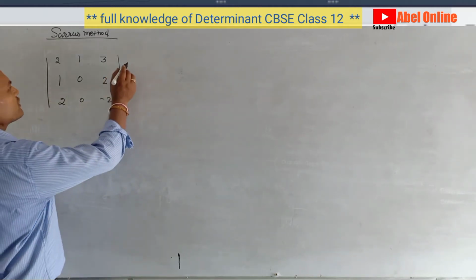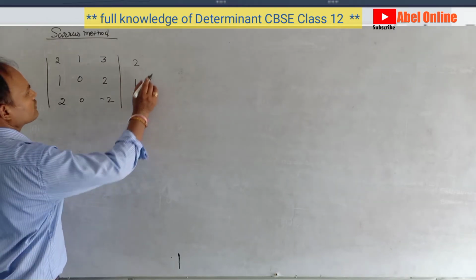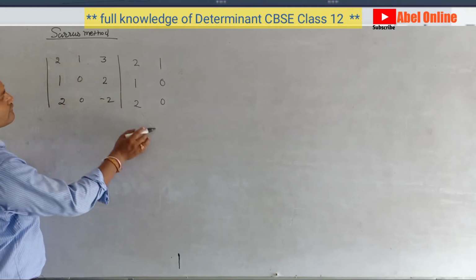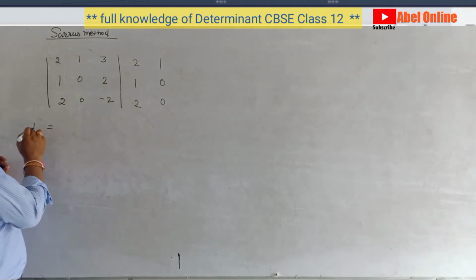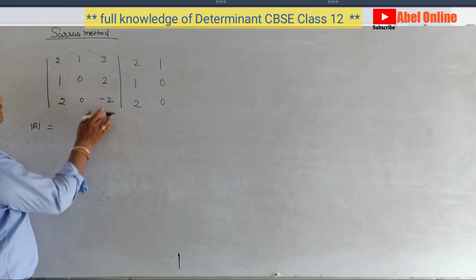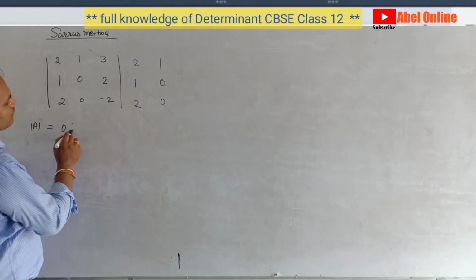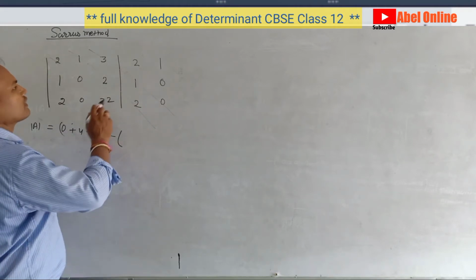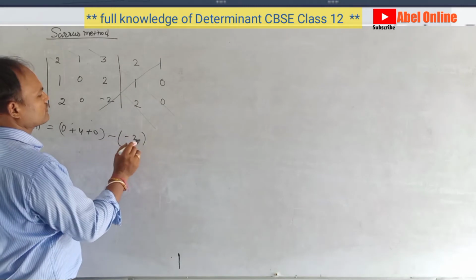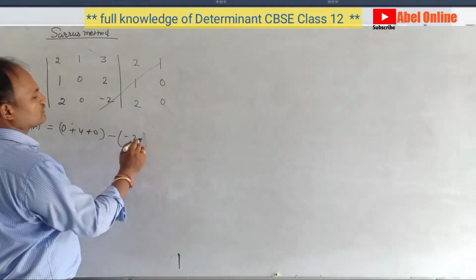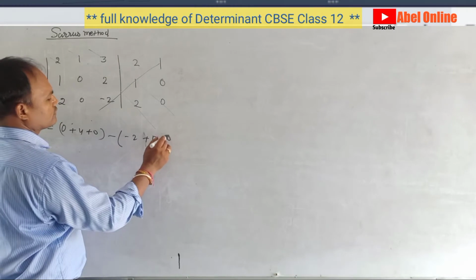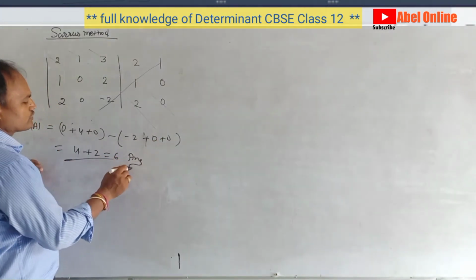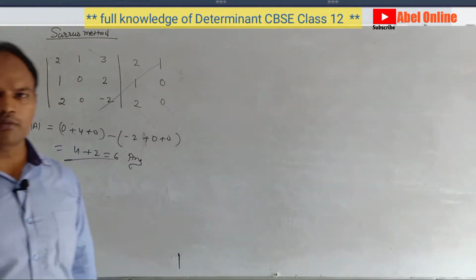Just write two columns as it is: 2 1 2, 1 0 0. Now just multiply them. So the determinant of A equals 0, 4, 0, minus 2, 0, 0. So what is the answer, students? It is 4 plus 2, it is 6. So your answer is 6. This is a very simple method to find the determinant by the Sarrus method.